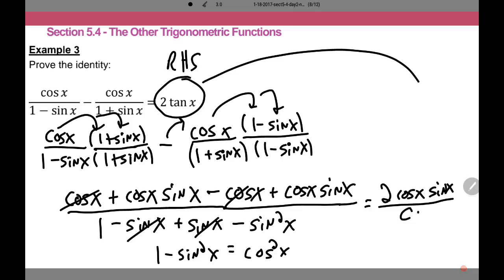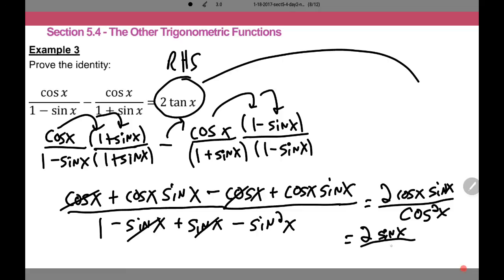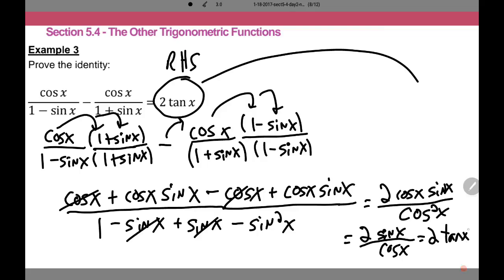So over here I'm left with cosine squared of x. And now cosine on the top cancels with one of those on the bottom. So I've got 2 sine x over, I messed that up pretty bad there, over cosine of x. And sine x over cosine x is tangent x, so we're left with what we were looking for, 2 tangent of x.